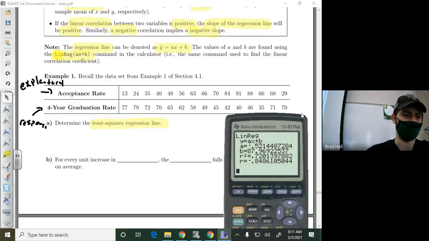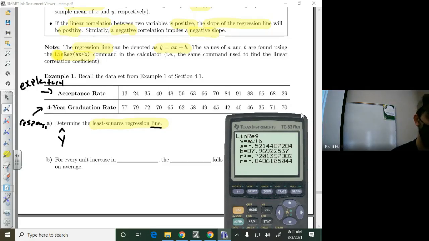And what this tells us, basically they're telling us A and B. So if a line is represented as y hat is equal to ax plus b in general, then they're telling us A and B individually.